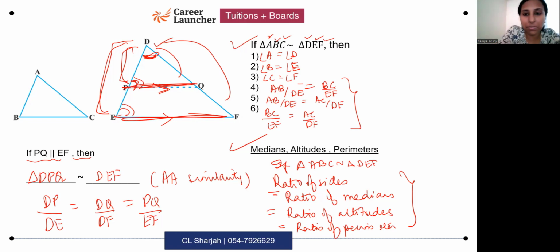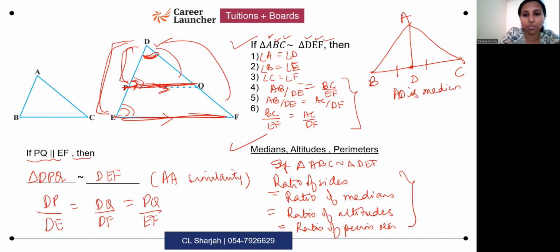Okay, the difference between median and altitude. Here, what is AD? AD is median over here. Why? Because it is bisecting the base. Look at the marking: I have marked BD equal to DC. That means AD is median.